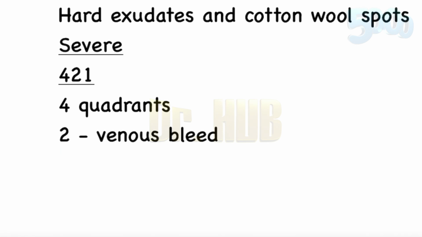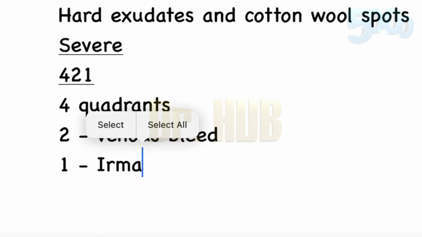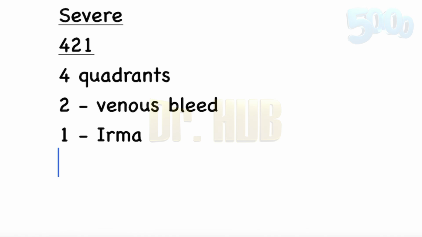Next is 1, which stands for the quadrant for the IRMA changes. What is IRMA? We already discussed: it is the intraretinal microvascular abnormalities. So this was about the severe.